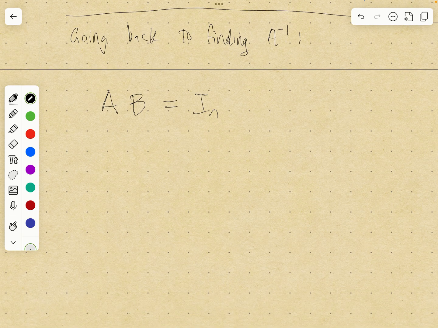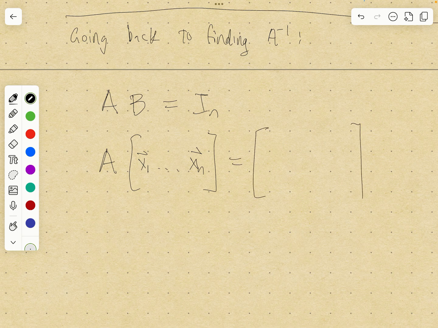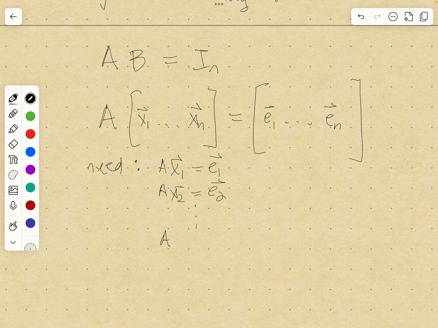Well, let's say that you have B, and let's say that its columns are x1 through xn. What this should equal is A times that matrix should be the n by n identity matrix. Well, the columns are e1 through en. So what we need to have happen is A times x1 needs to equal e1, A times x2 must be equal to e2, all the way to A times xn must equal en.